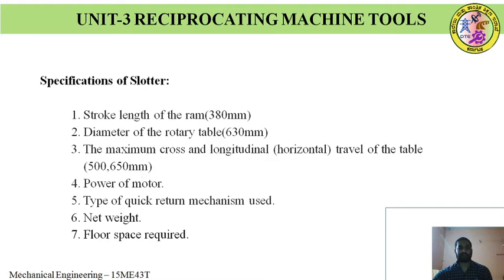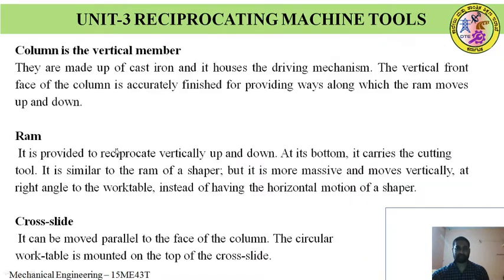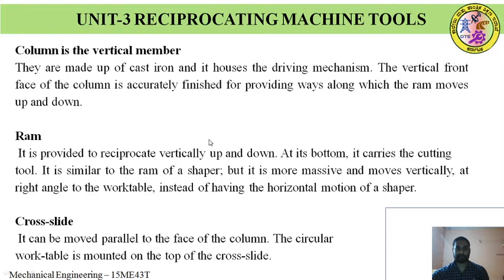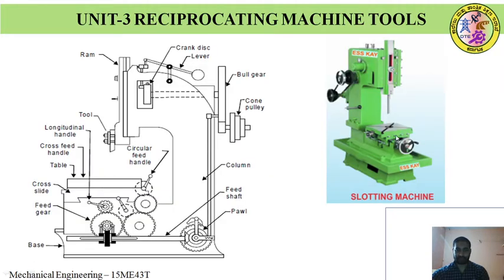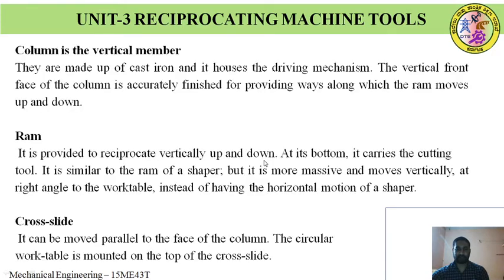Specification of the slotter. The stroke length of the ram, that is the total movement of the ram from top to bottom, is used for specification of the slotter. The diameter of the rotary table is also used to specify the slotter. The maximum cross and longitudinal travel of the table.